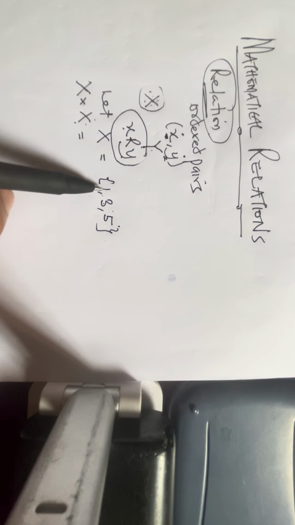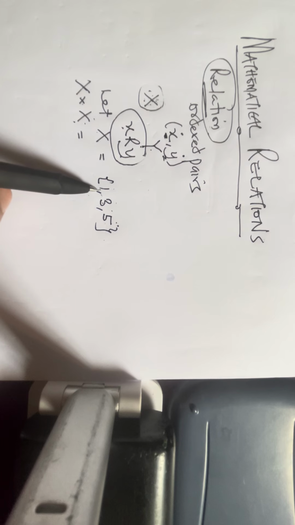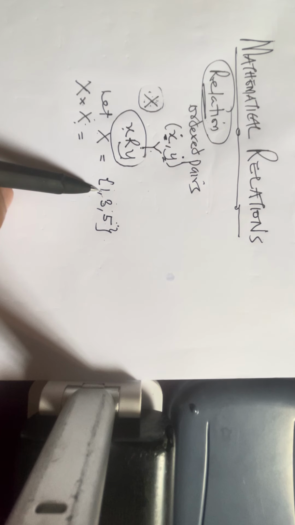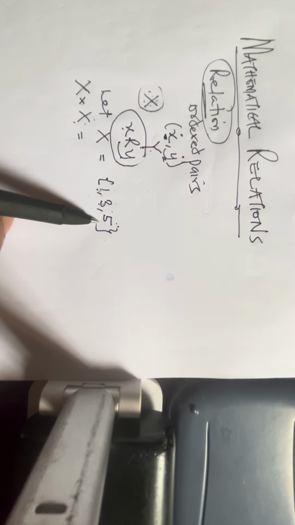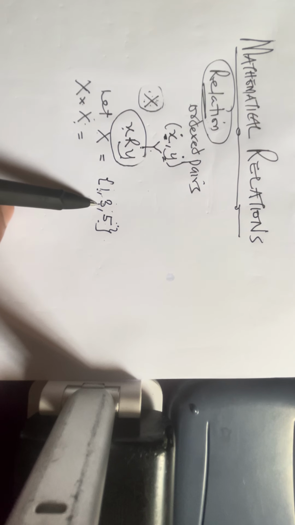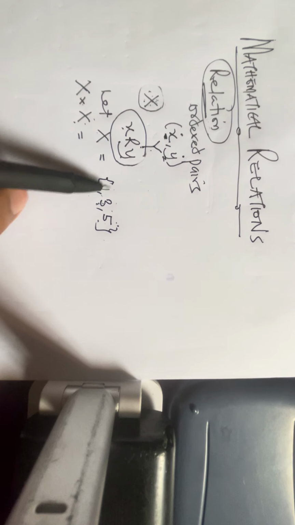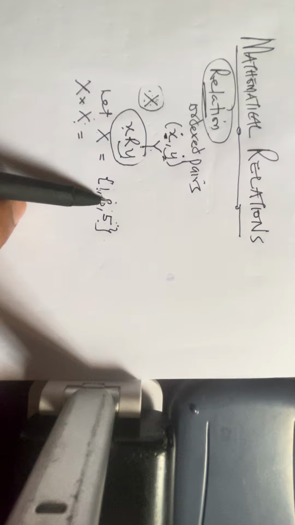This set X has three elements, 1, 3, and 5. We first relate the element 1 with itself, 1 with 3, and 1 with 5. After that, we come to 3: relate 3 with 1, 3 with itself, then 3 with 5.